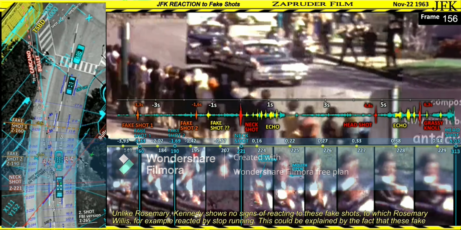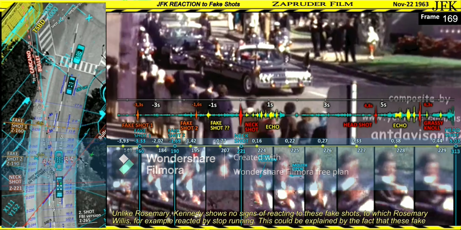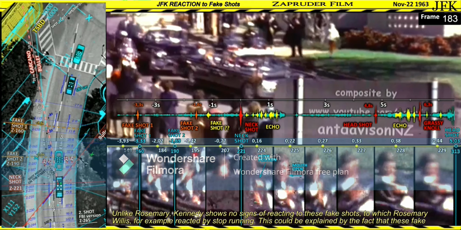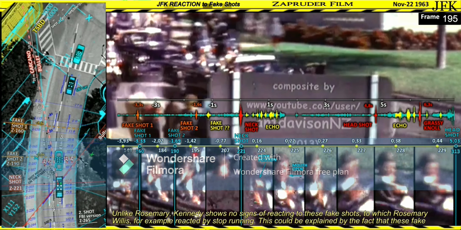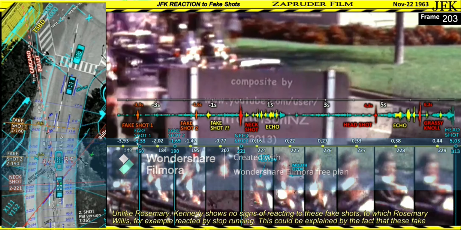Unlike Rosemary, Kennedy shows no signs of reacting to these fake shots, to which Rosemary Willis, for example, reacted by stopping running.